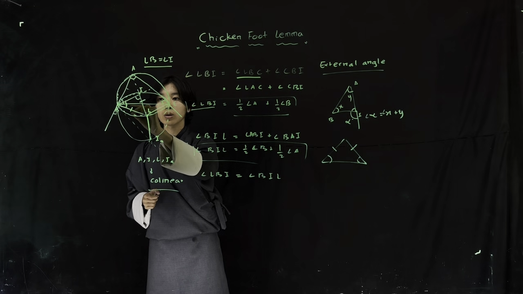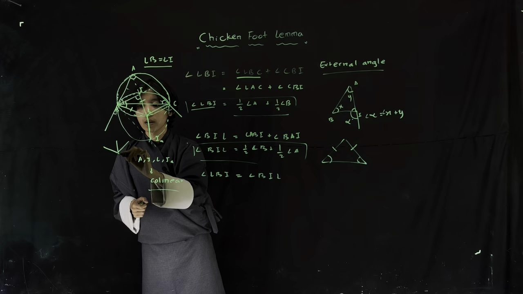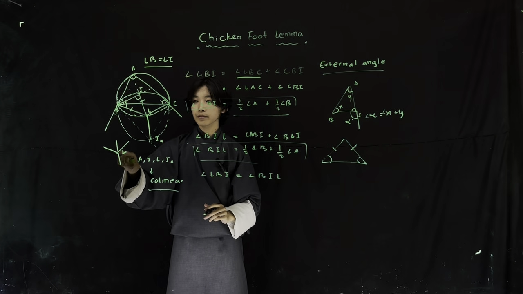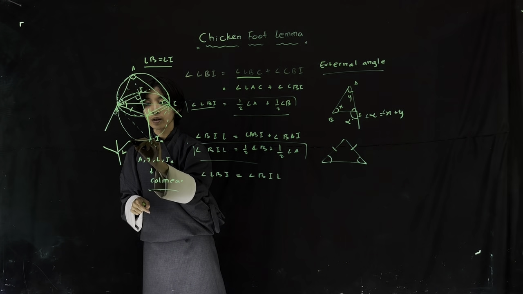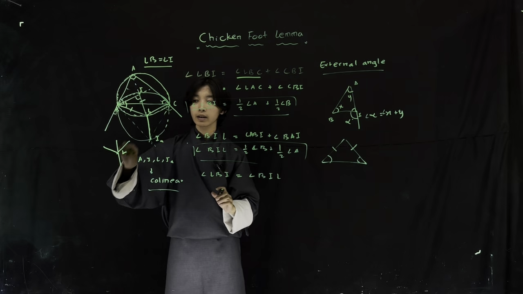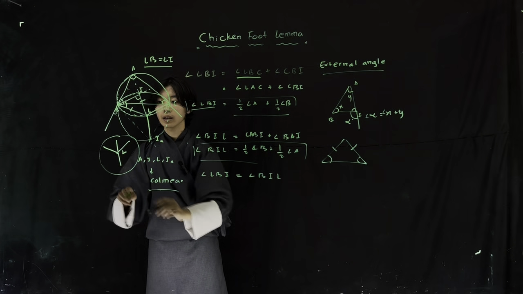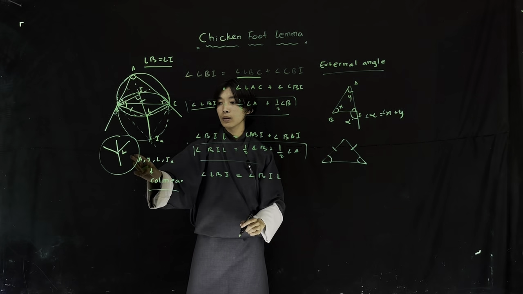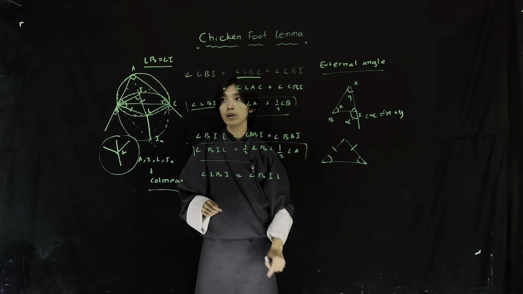So we can see this chicken foot over here, like this. Point L is the center, and these are the points to which it extends with equal distances. This image right here looks like a chicken foot, which is why this theorem is known as the chicken foot lemma.